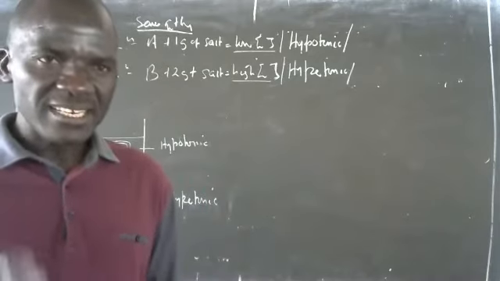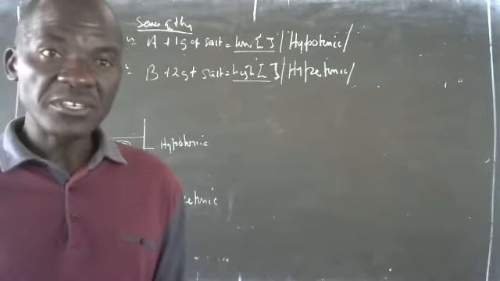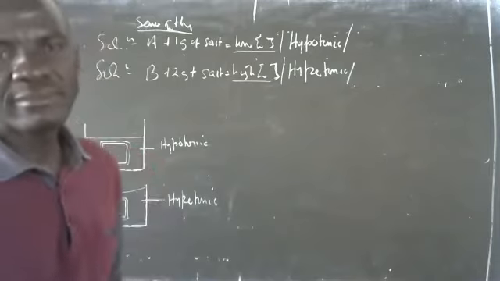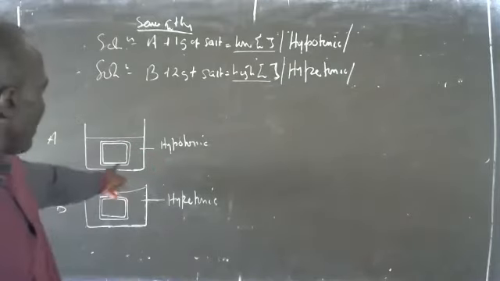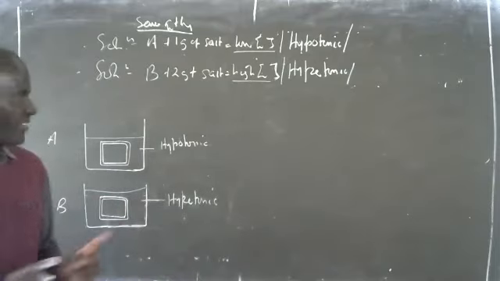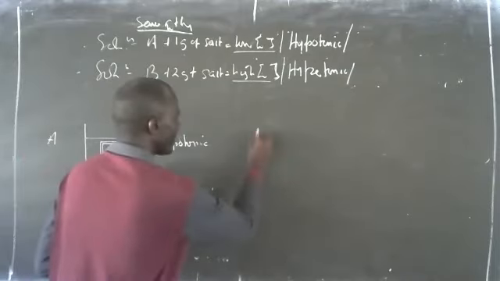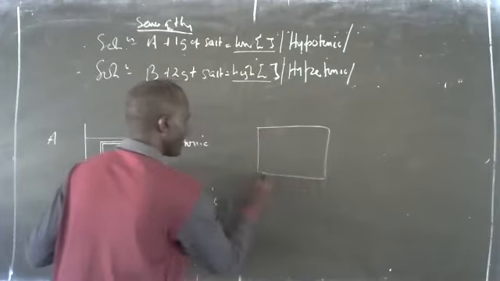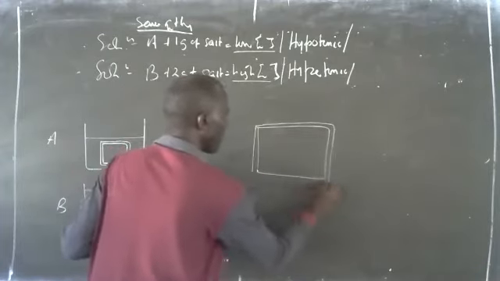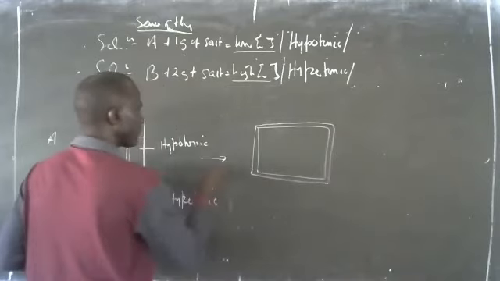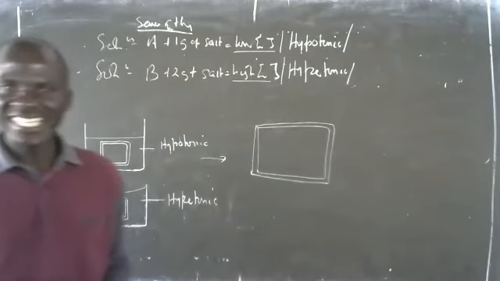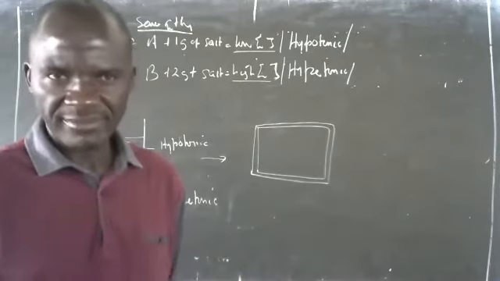But there must be another condition, which is a semi-permeable membrane. This plant cell, what you see here is a cell wall. I've just drawn a cell wall. It is a cell, this is a cell wall. I don't see a cell membrane.